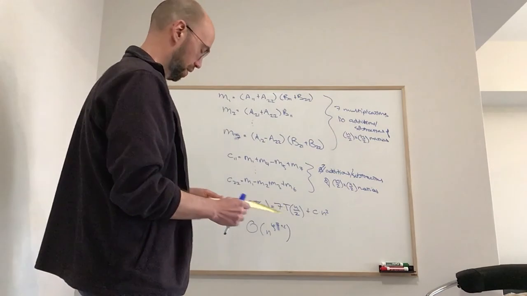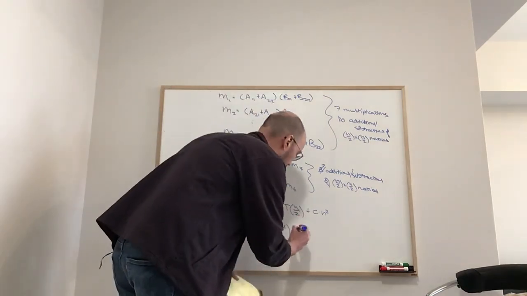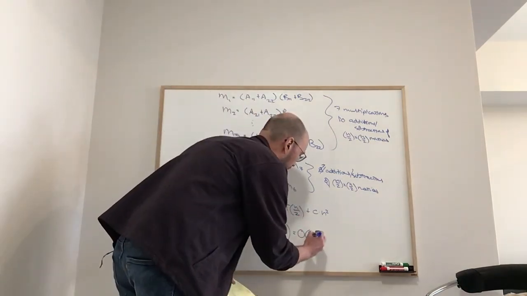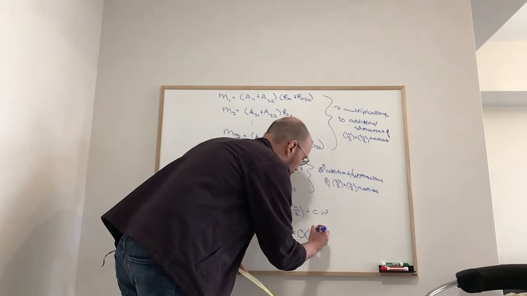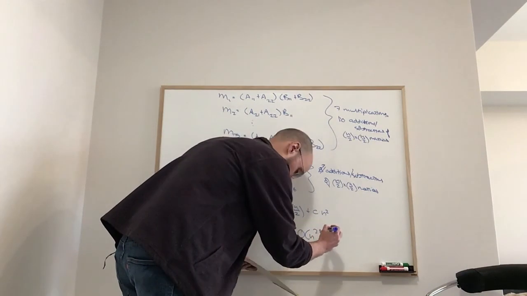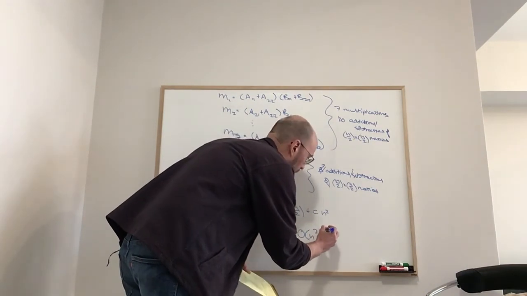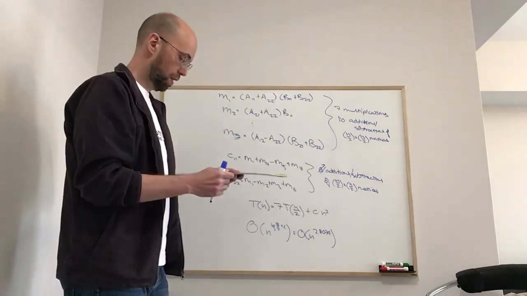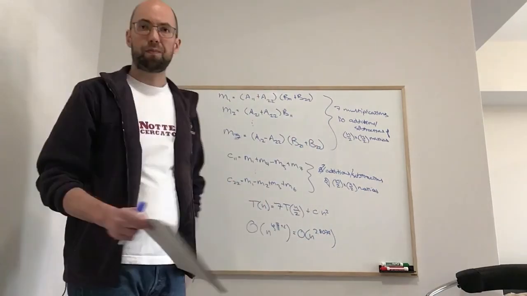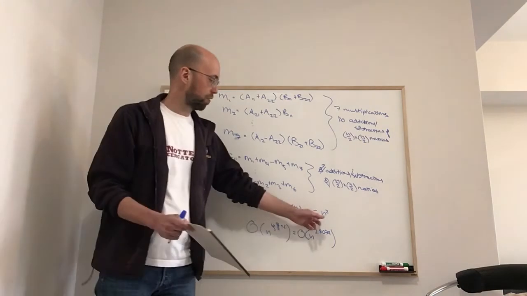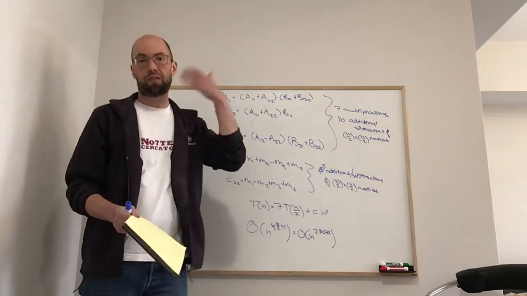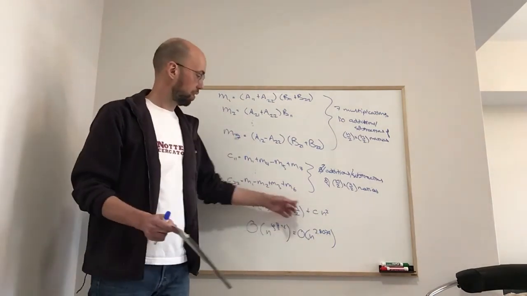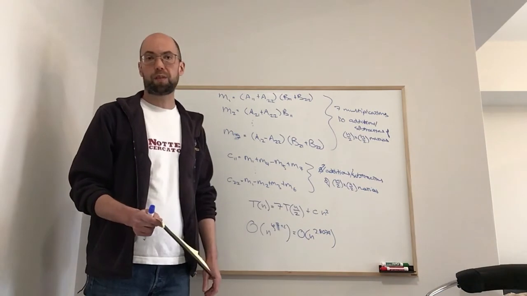And this is O of n to the 2.8074. And it doesn't actually matter exactly what the constant is, because asymptotically this is going to be bigger than n squared.